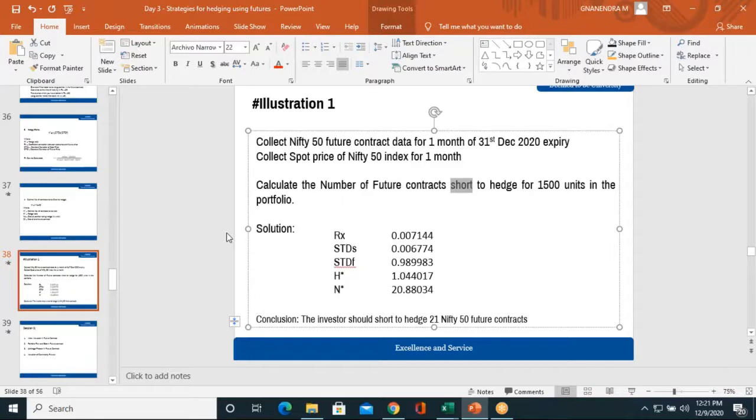But when you have purchased the portfolio, if you think the price is going to increase, I don't think hedging is required there. You'll be very happy in that case. There is no need of hedging at all. Long hedging comes when you are taking a short position in the future without holding anything. Think that you don't have any portfolio.